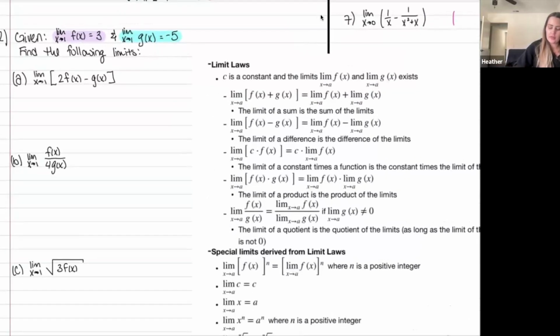Like we talked about before, I can break this apart using this limit law. So I'm going to rewrite it: the limit as x approaches 1 of 2 times f of x minus, doing these individually, the limit as x approaches 1 of g of x.